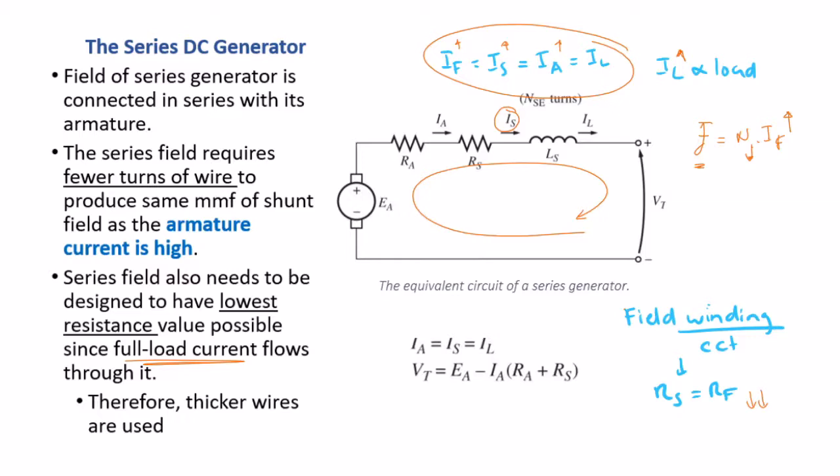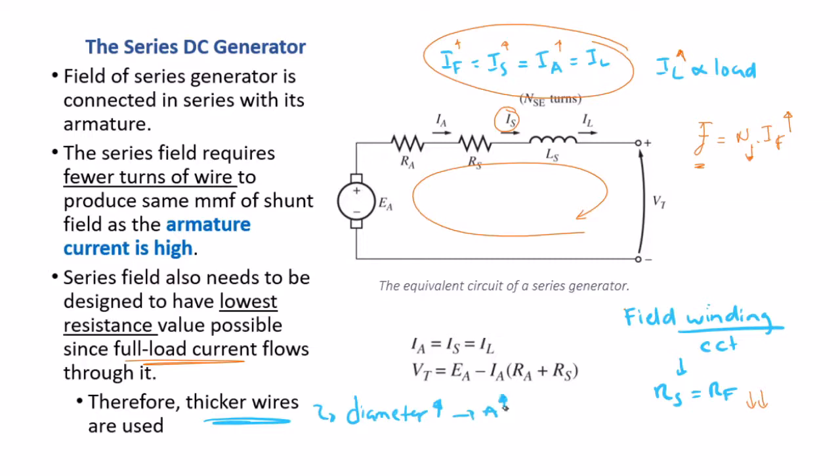When the wire is thicker, it means that the diameter is larger, and the cross-section area of the wire is also larger.